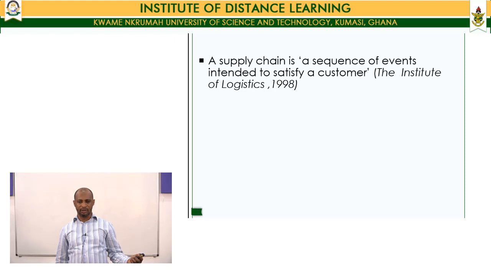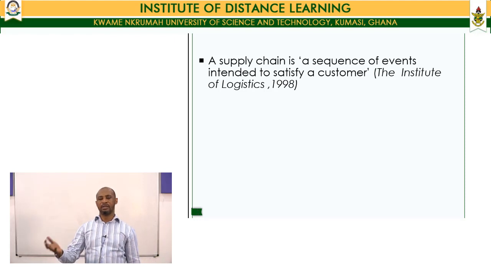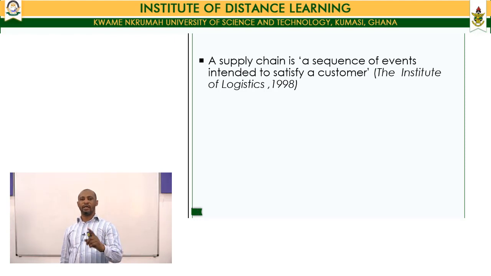According to the Institute of Logistics, the supply chain is a sequence of events. So one event leads to another, another event leads to another. So sequence of events. What is the intention? To satisfy the customer. So any supply chain that does not at the end of the day satisfy the customer has failed in its objective.